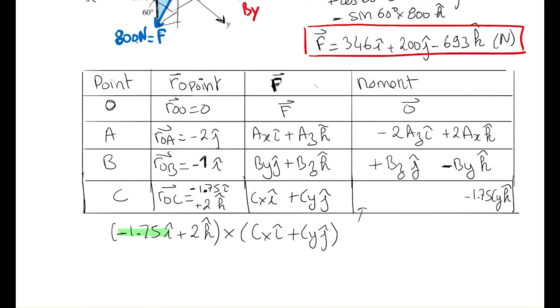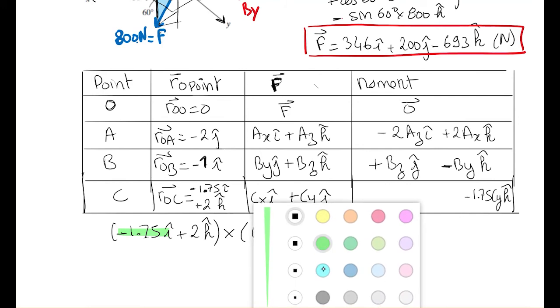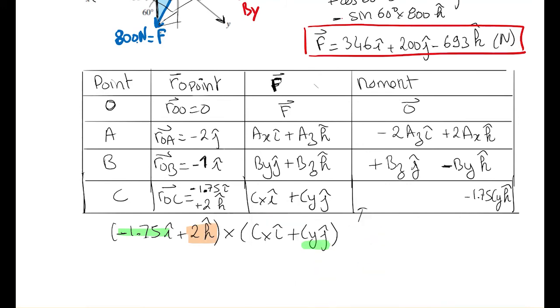And now let's do this one. 2 K at cross I is plus, so plus 2 CX on J at. Sorry, K cross I is plus. K cross J is minus, so minus 2 CY on I at.